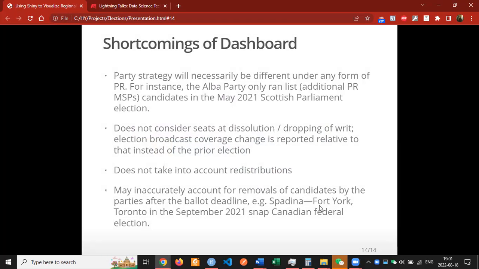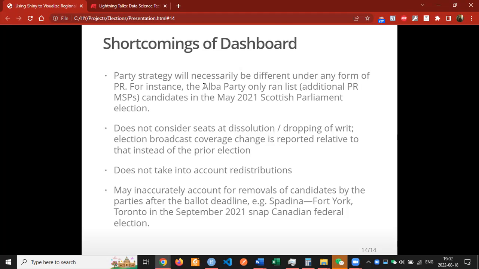So some obvious shortcomings of the dashboard, besides those technicalities I mentioned, is that of course under PR versus first past the post, party strategy would be vastly different, because under first past the post there's the concept of swing seats or marginal seats or marginal ridings.